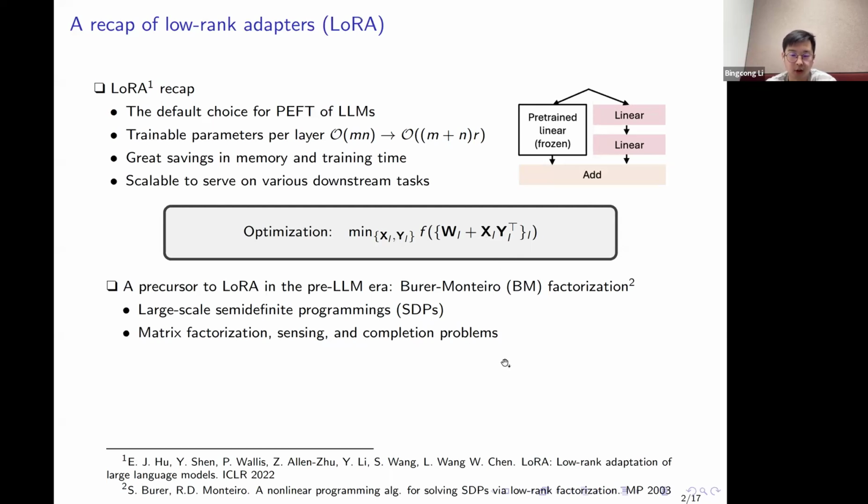Later, this BM factorization became very popular in the signal processing community, and people used it for matrix factorization, matrix sensing, and matrix completion problems. Given this literature, it is possible for us to track the optimization dynamics of LoRA applied on a single layer, which is this BM factorization or these classical problems.